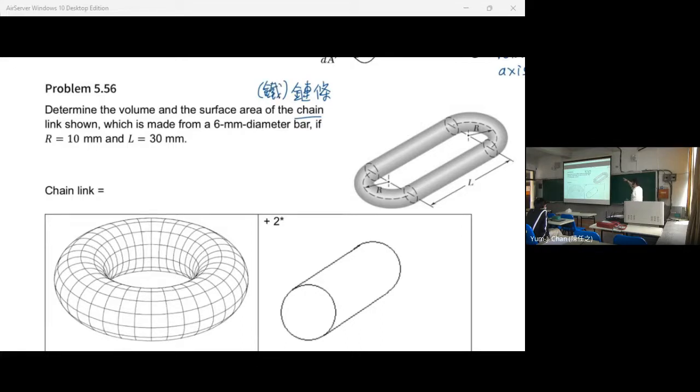A chain length looks like this, and we want to determine its volume. I will talk about it next Tuesday.